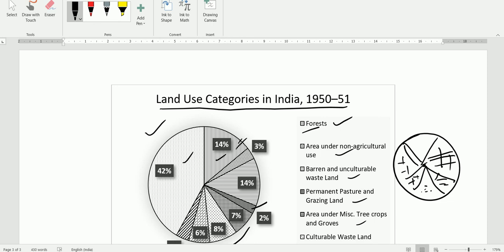Here you have to write the category values into 100. So for example, area under forest divided by total reported area into 100. After that, you will get the percentage value.